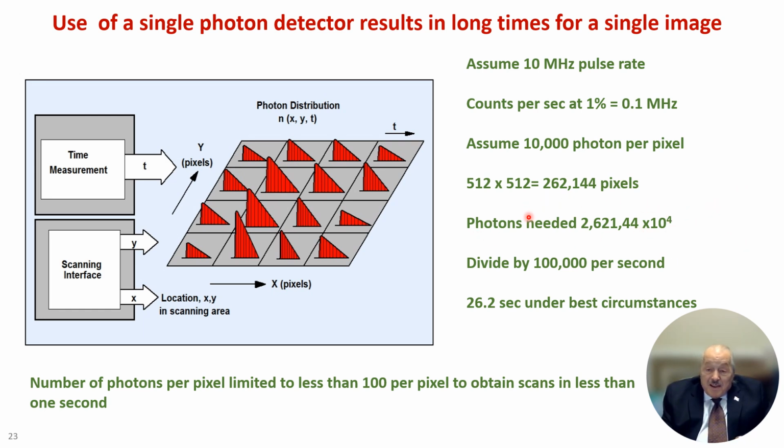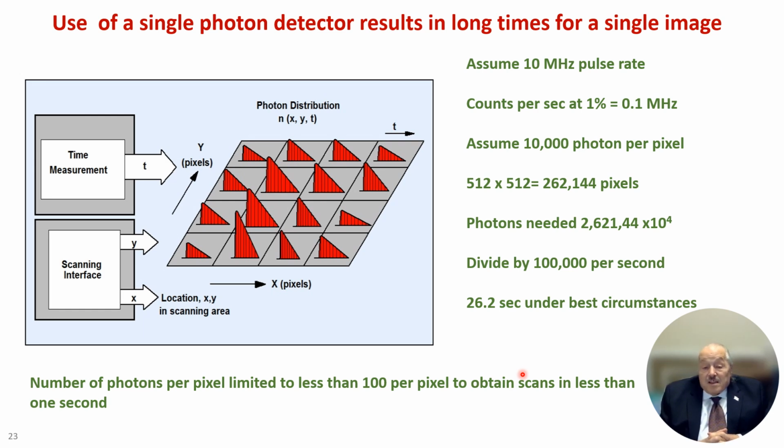We have this many pixels to fill up, and let's assume we want 10,000 photons per pixel. Most array detectors will hold that many. So we go through those calculations, and we find that it takes at least half a minute under the best of circumstances to get a lifetime image.